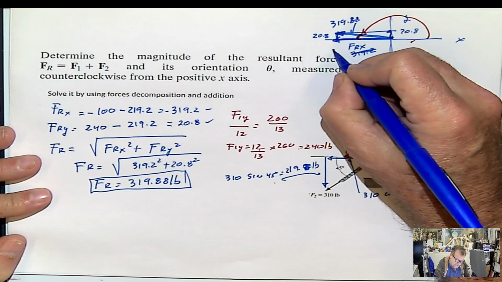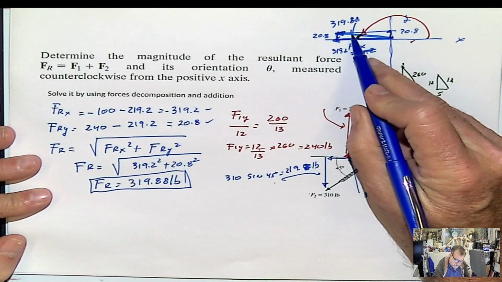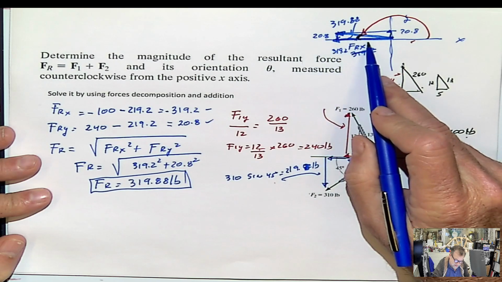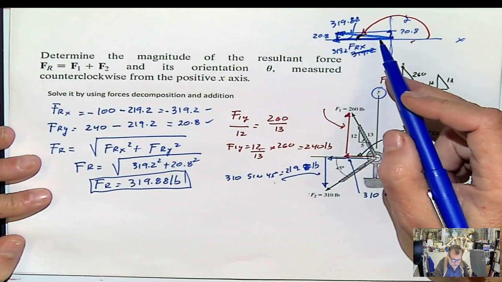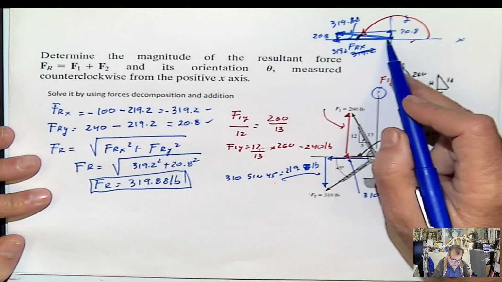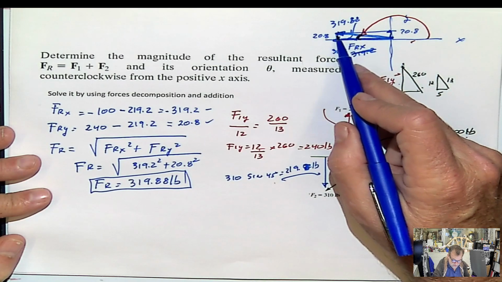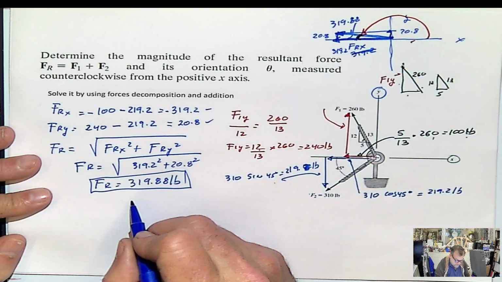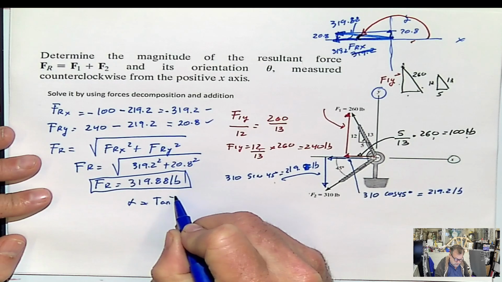Okay. So now if I want to calculate this angle alpha, I can use the tangent, which is the one that you are used to all the time. But I can also use cosine, and I can say inverse cosine of this divided by that, or inverse sine of this divided by that. It's the same thing. I'm going to use the inverse tangent because it's what you are more used to.